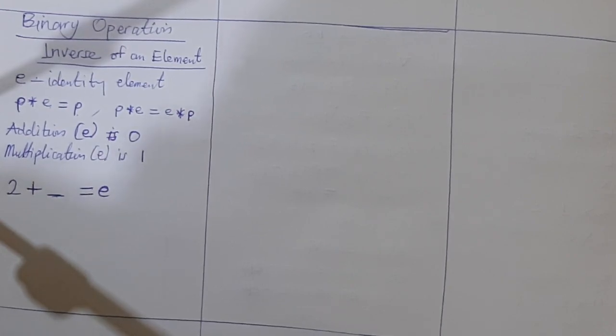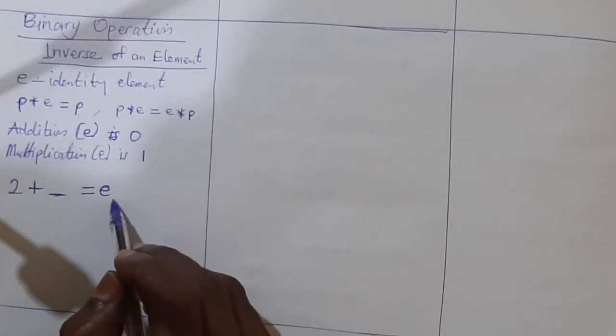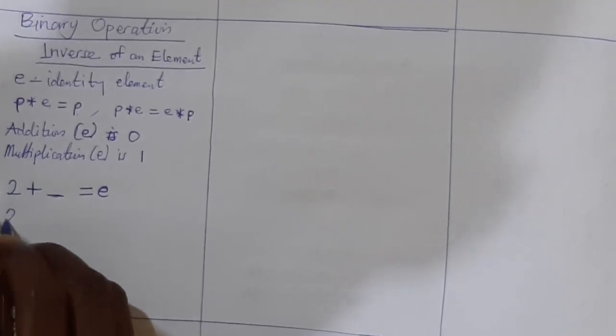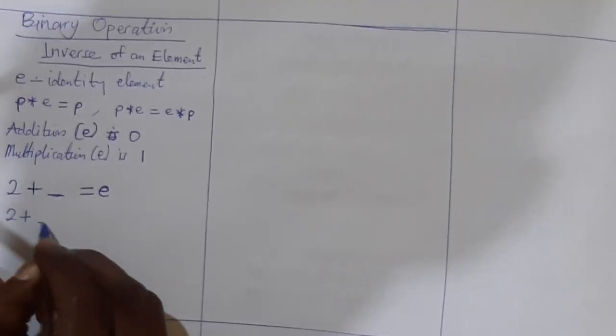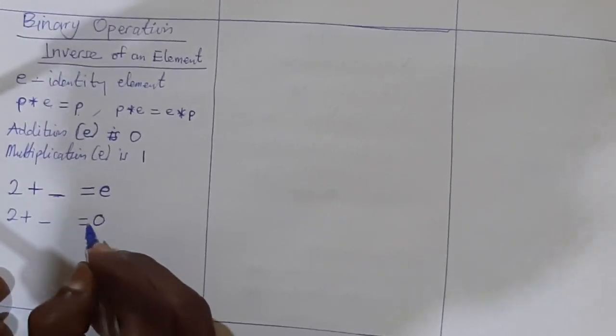Let's remember the identity element for addition is 0. So 2 plus a certain value should give me 0.